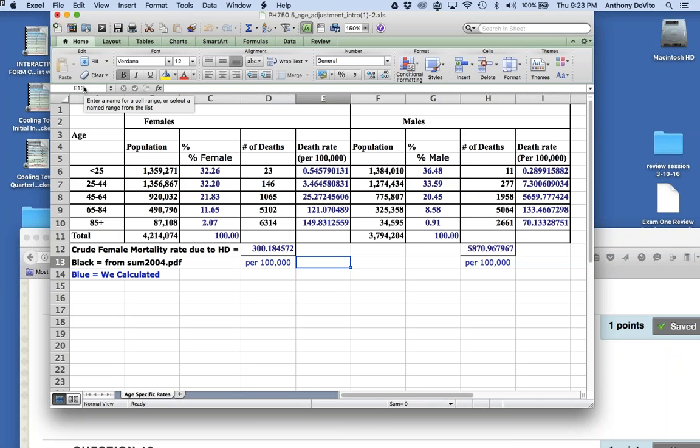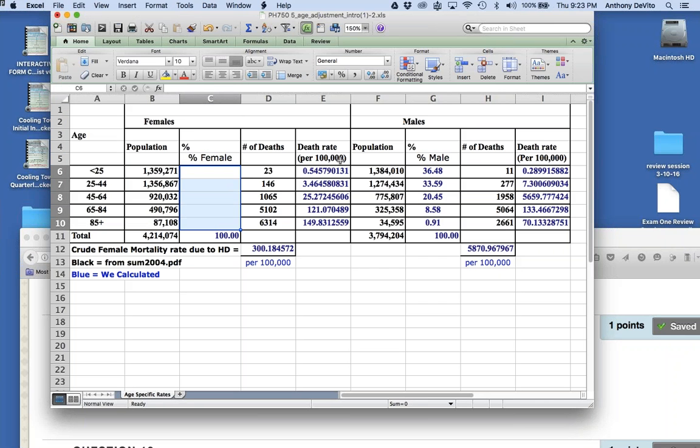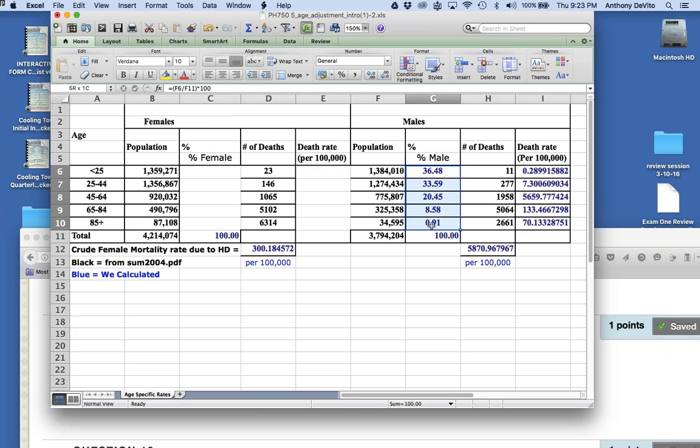See if I can get one that has just raw data. Okay, here's one that just has raw data. I'm going to, let's see, age-specific rates. I'm actually going to eliminate some stuff here so that we can do this from scratch. And I'm going to clear all of this.